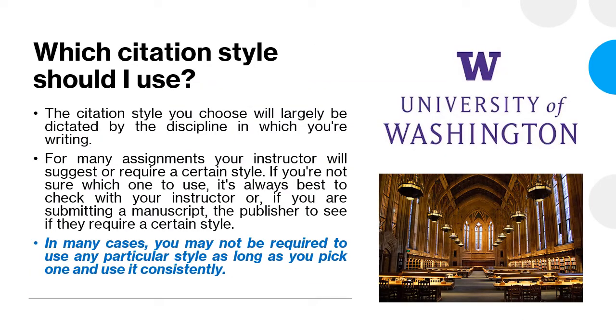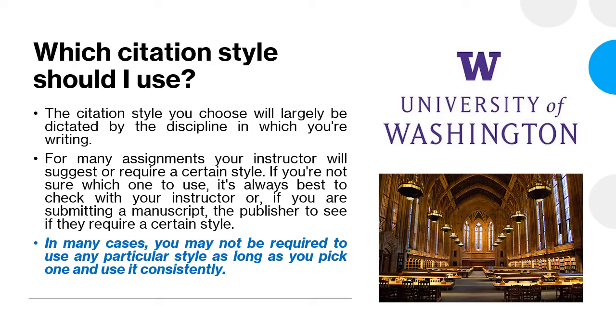Which citation style should I use? This is a very important question because in the world there are more than 8,000 citation styles. But which one to use? The University of Washington library gives an answer to this question.